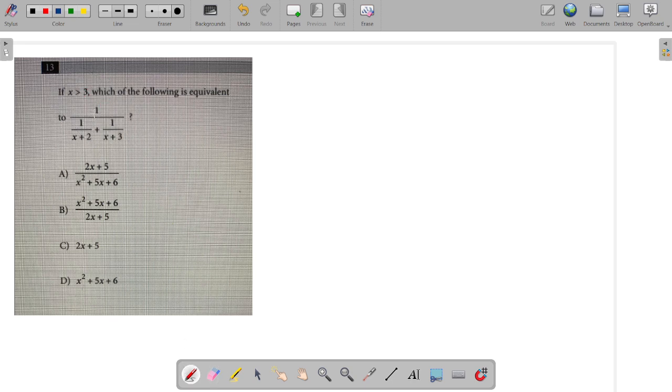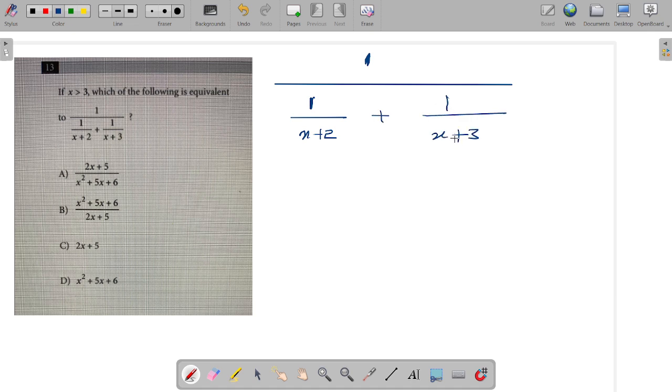So now I'm going to start with the fraction, which is 1, then we have a division sign, which is the straight line here, and then we have 1 divided by x plus 2, plus 1 divided by x plus 3.